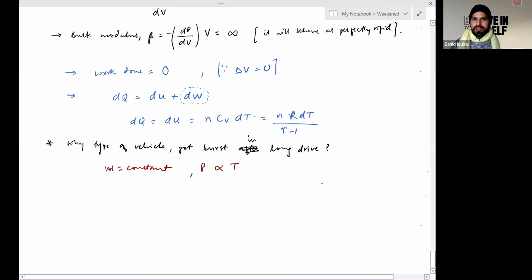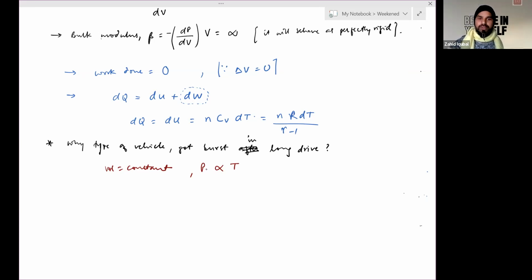When a tire travels across a road, it gets in contact with the surface, due to which there is some friction between the tire and the road, which will generate some amount of heat. And that heat will tend to increase the temperature. And since temperature is directly proportional to pressure, the pressure inside that tire will increase.